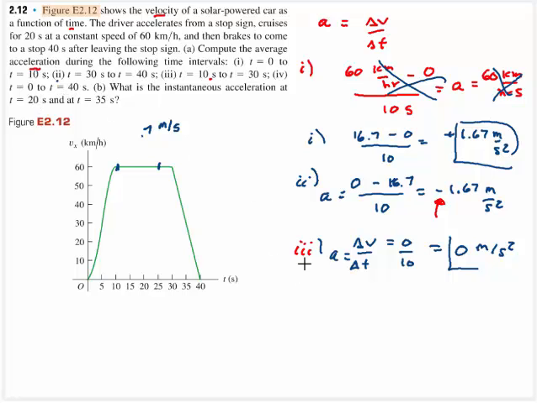Take a look now at part 4. Acceleration is simply going to be the change in velocity over the change in time. Well, the velocity starts off at 0, it finishes at 0, at 40 seconds, so it's also going to be 0 meters per second squared.